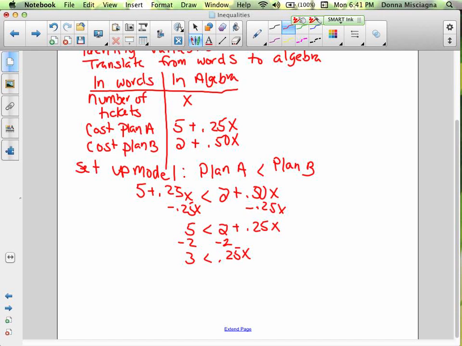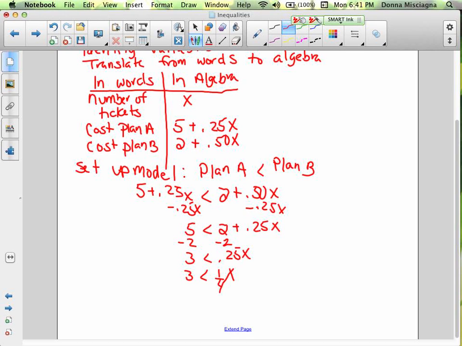Now, to me, it's easier to solve this if I just change 0.25 to a fraction. 0.25 is what fraction of a whole? Well, it's a quarter. I'm just going to do this because I find it easier, rather than dividing 3 by 0.25, which is not as easy to do in your head. Although you can think about it logically, how many quarters could you get into $3?